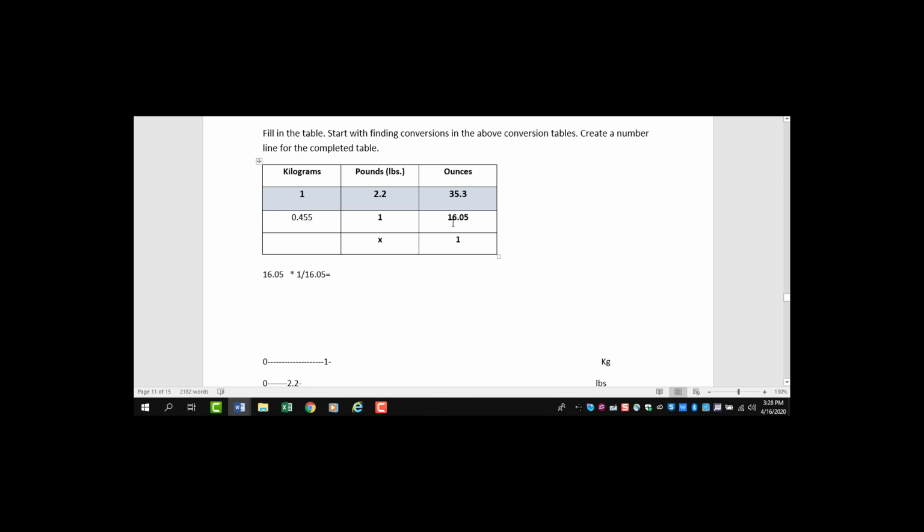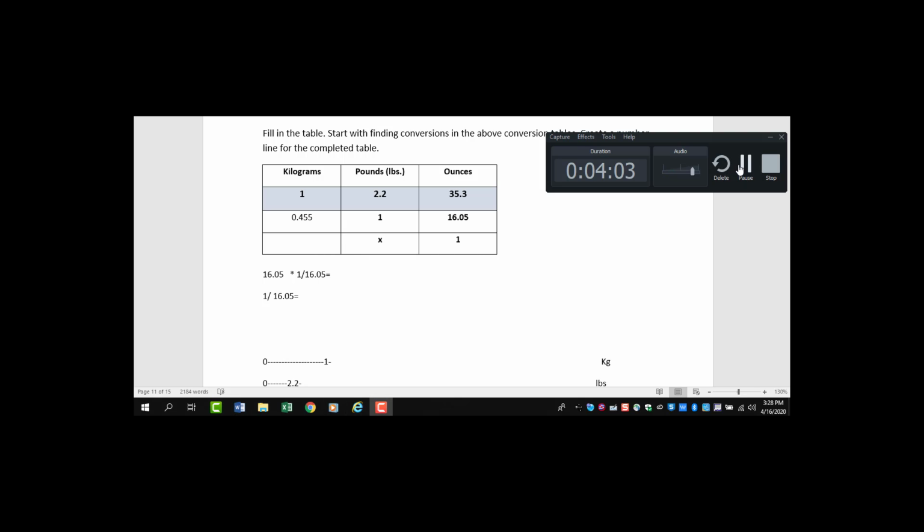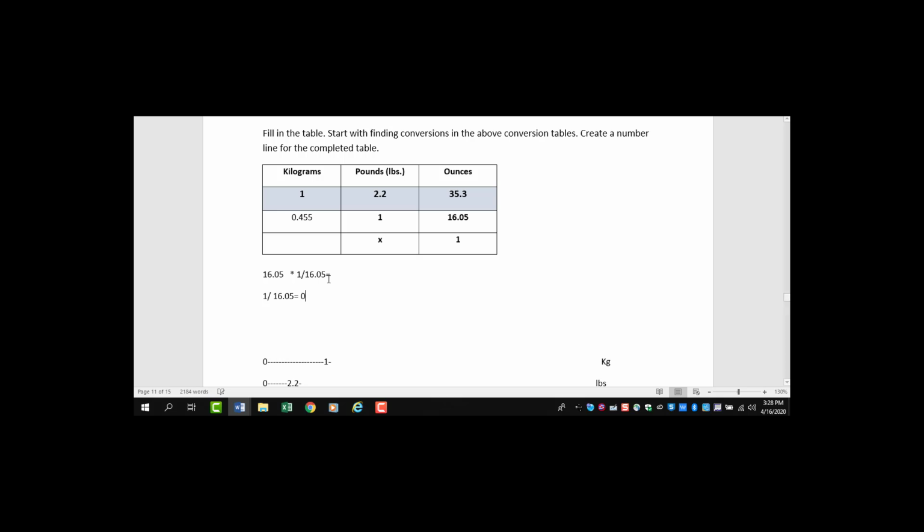So really all I have to do here is divide this by 16.05. So the answer is going to be 1 divided by 16.05, which is equal to 0.0623. It's hard to see how I did that, but I'm basically using the idea of equivalent fractions. If I multiply the numerator by 1 over 16.05, and I multiply the denominator by 1 over 16.05, I'm going to get an equivalency here.